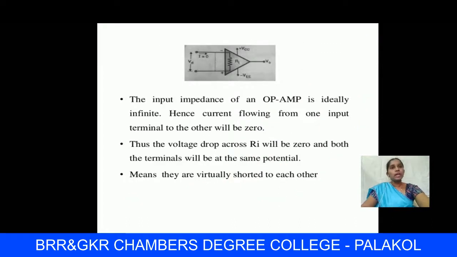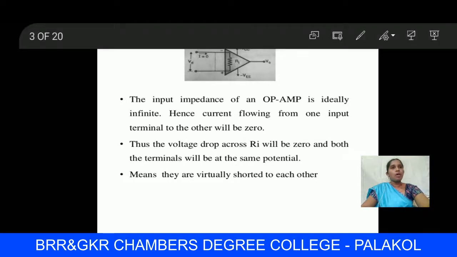Okay, so here this is an operational amplifier. It is considered ideal, which means there is no input current flowing into this op-amp. Therefore the current is equal to 0, that is I equal to 0. Therefore the difference between these two voltages, here VD is nothing but the difference voltage, is equal to 0.